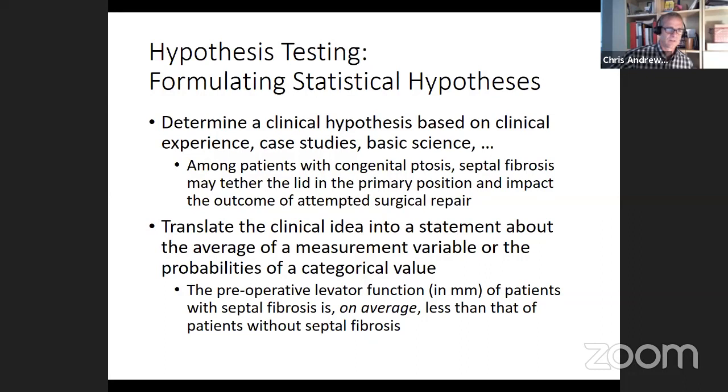Whether these things actually affect the surgical outcome or not is a separate question, and one we did not attempt to answer with this hypothesis. Sometimes when developing a research hypothesis, you may have a large aim that you're looking for, but you may have to tackle it in smaller steps.